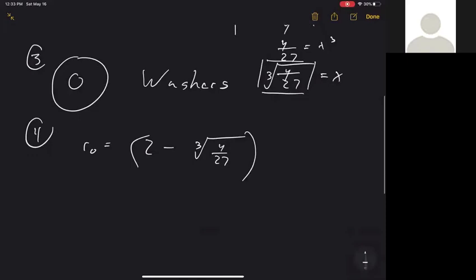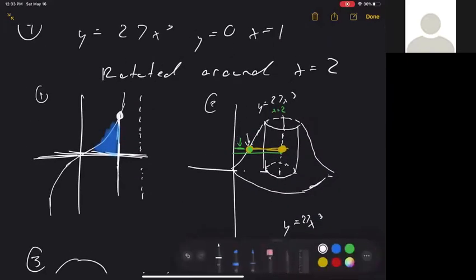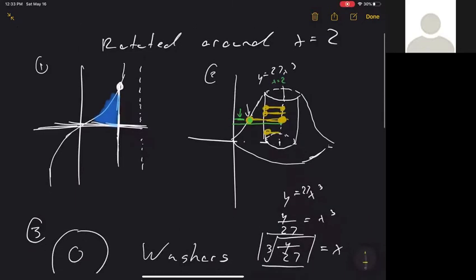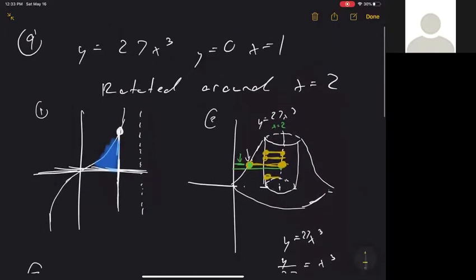What's my inner radius? Inner radius is much easier. It's just the distance from here to here, okay? That's always 1, no matter where I am on my object, it's always just the distance from x equals 2 to x equals 1.